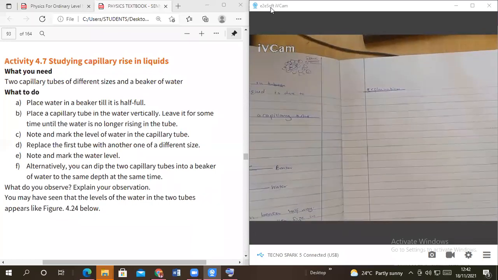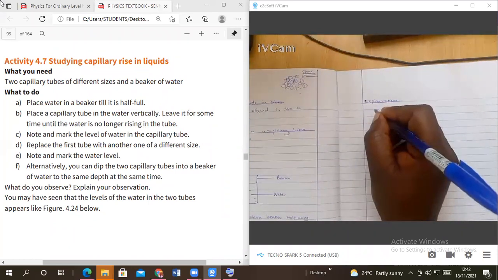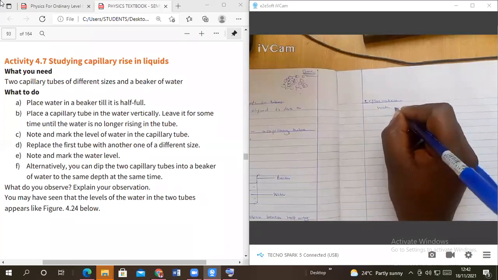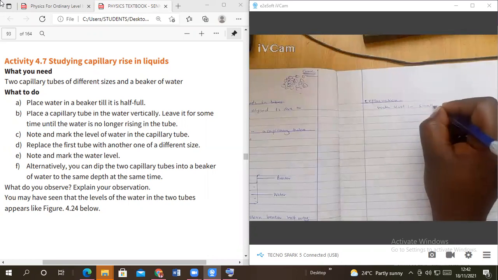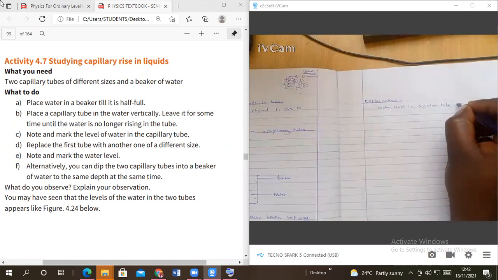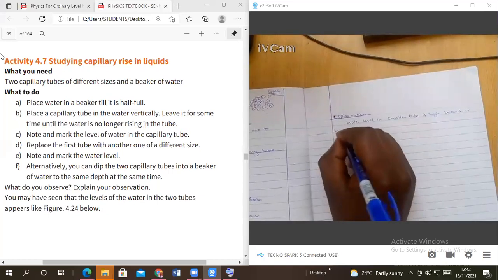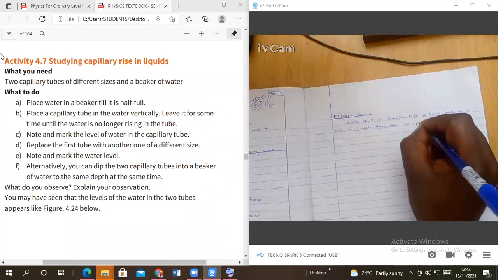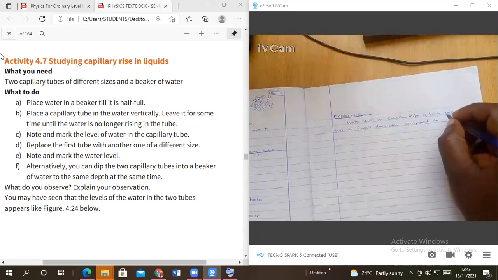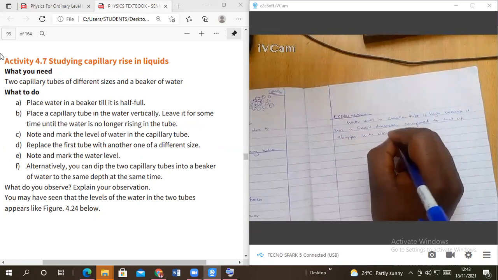So the explanation there is that, say, water level in a smaller tube is high because it has a smaller diameter compared to that of a bigger tube with a larger diameter.